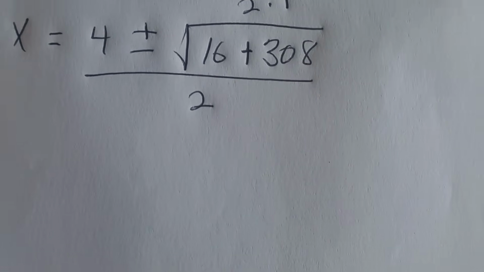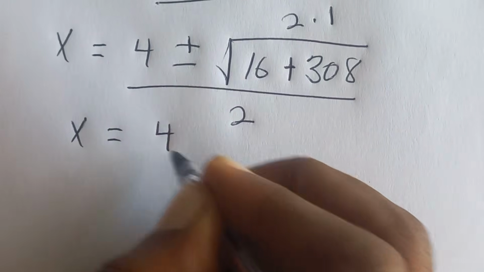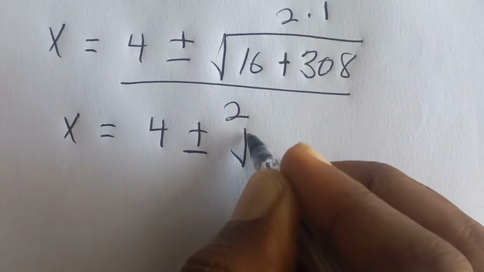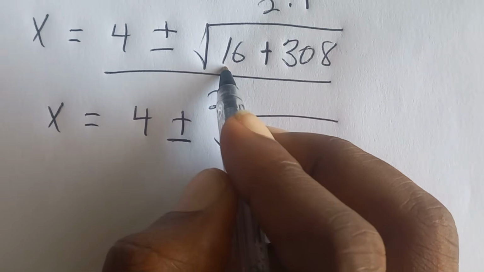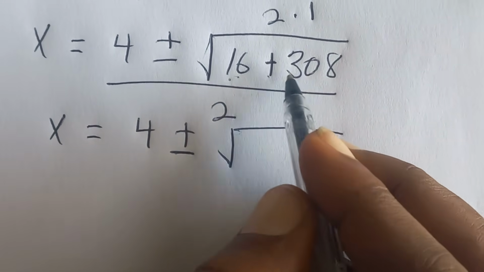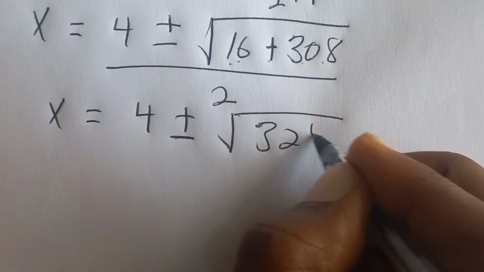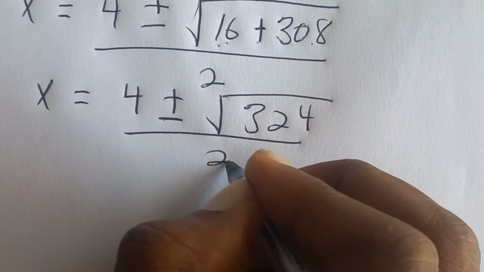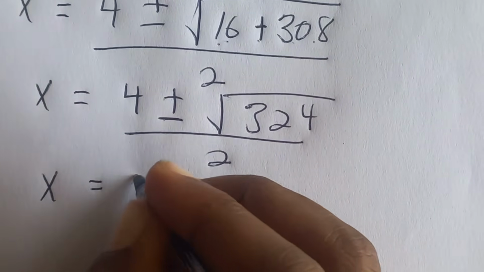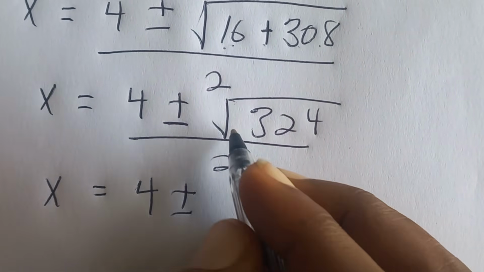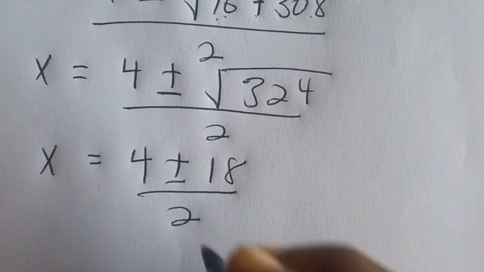Now x is equal to 4 plus or minus square root of 16 plus 308, we are getting 324, all over 2. So our x is equal to 4 plus or minus the square root of 324, which is 18, all over 2.